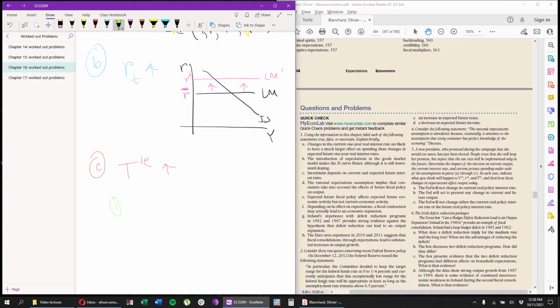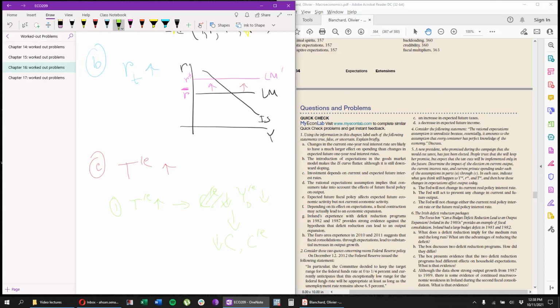First of all, if we expect tax to go up, then we expect our future consumption to go down. Or rather, let's say we expect our future disposable income to go down. Since we expect to have less income, we are going to consume less, right? Both in this period and also probably in future periods.